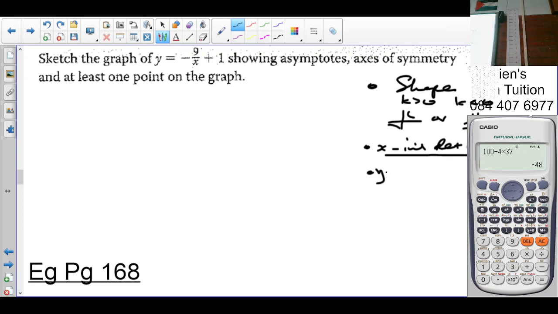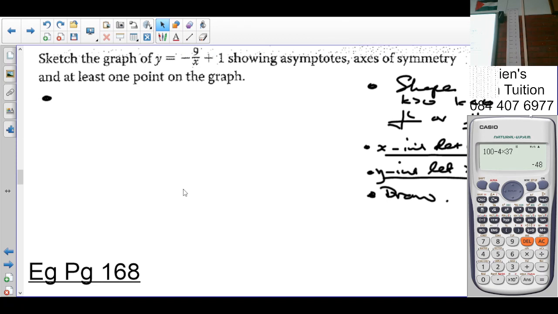Then we work out our y-intercept by letting x equal to 0. Okay? Then we have enough information to draw the graph. Okay. So follow those steps and draw or do the calculation for me quickly.